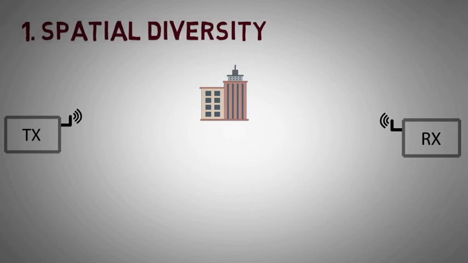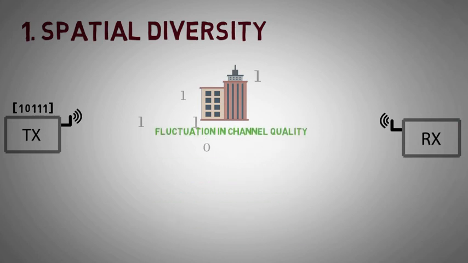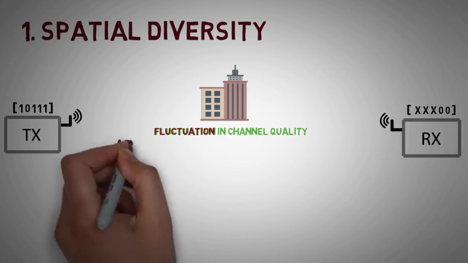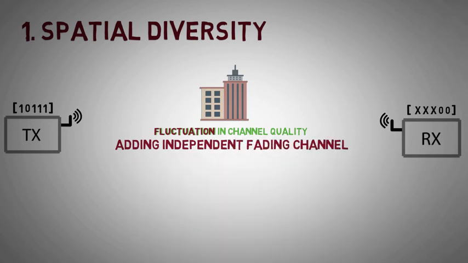Consider a system where a data stream 10111 is transmitted through a channel with deep fades. Due to fluctuation in the channel quality, the data stream may get lost or so severely corrupted that the receiver cannot recover it. The solution to combat the rapid channel fluctuation is to add independent fading channels, by increasing the number of transmitting antennas or receiving antennas or both.